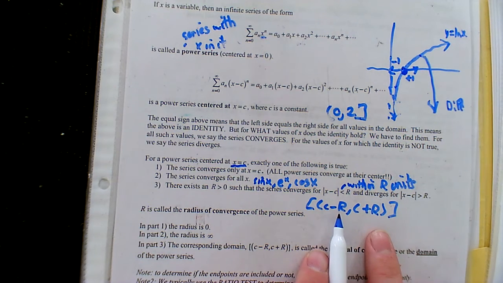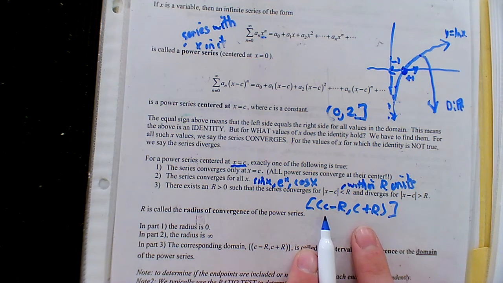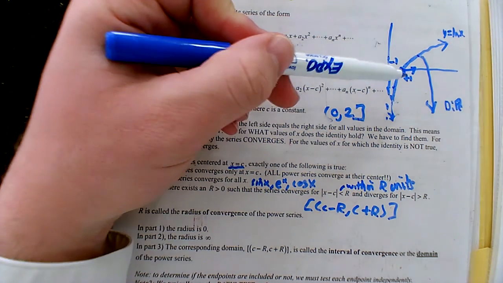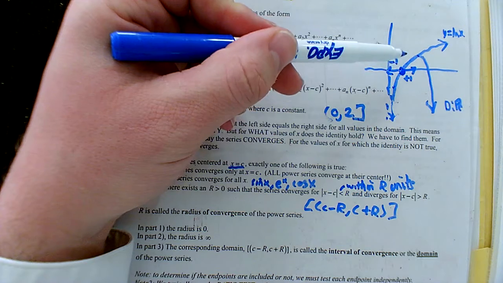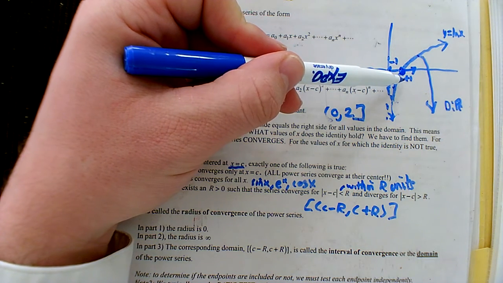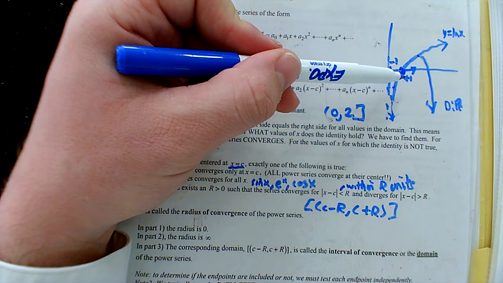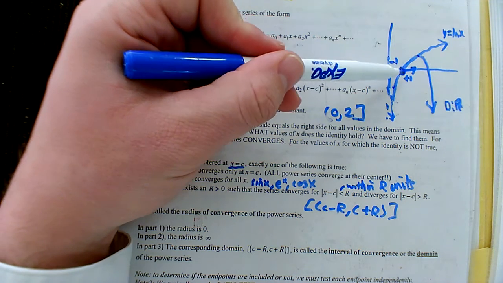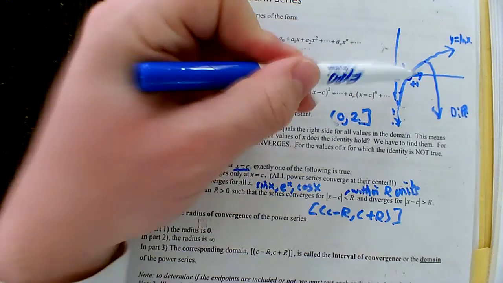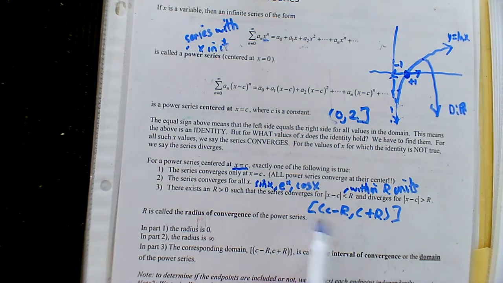So we're just saying we can find what this r is and add and subtract it to c, and we'll find that interval. An example of this is like what I was explaining up above. That radius of convergence, for this example, I said was 1, just as an example. We didn't physically find it mathematically, but just as a visual I said it was 1. So if you add 1, you get to the 2. If you subtract 1, you get to the 0. So that's what this is saying down here.